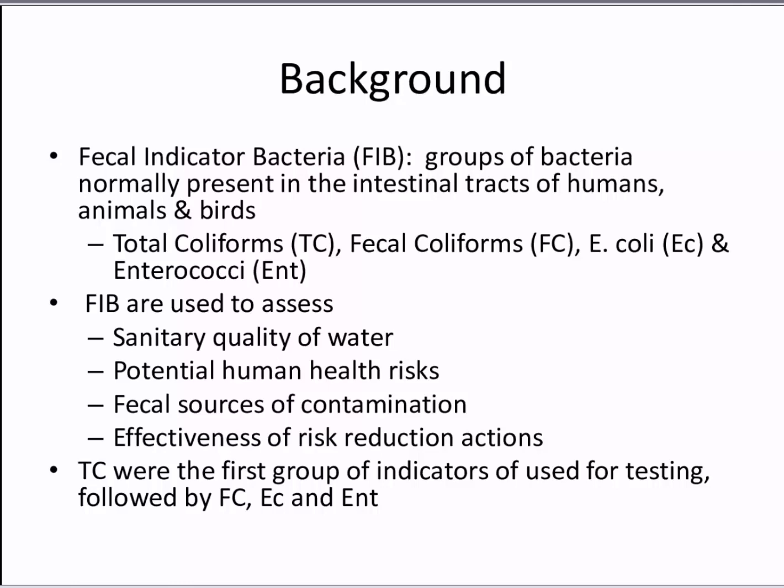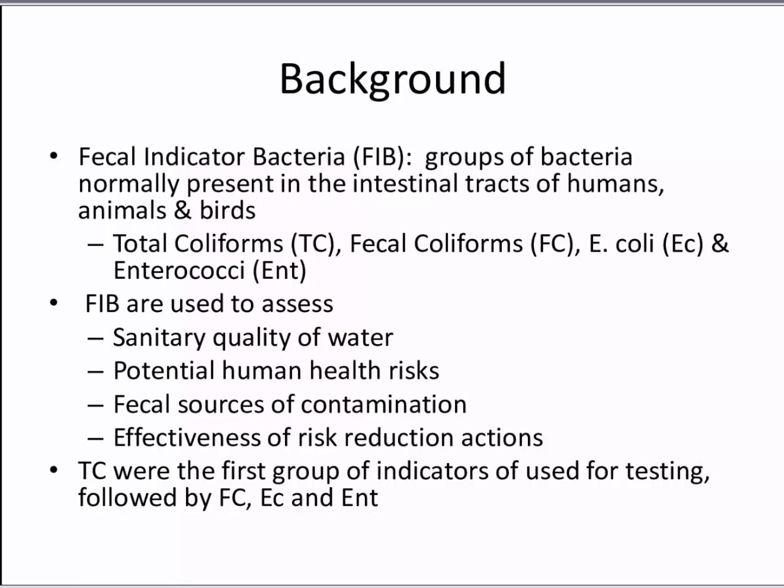So you can see, understanding what fecal indicator bacteria are, as well as their ecology, could have significant implications in terms of assessing water quality. Now, total coliforms were the first group of indicators used for testing.